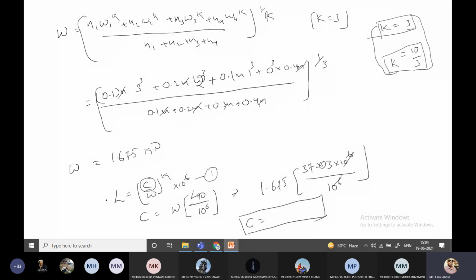L90 here, and W we just calculated, so the only unknown is C, which the question asks. Substituting here and using the calculator, we get the value of C, the basic dynamic load rating for the ball bearing.